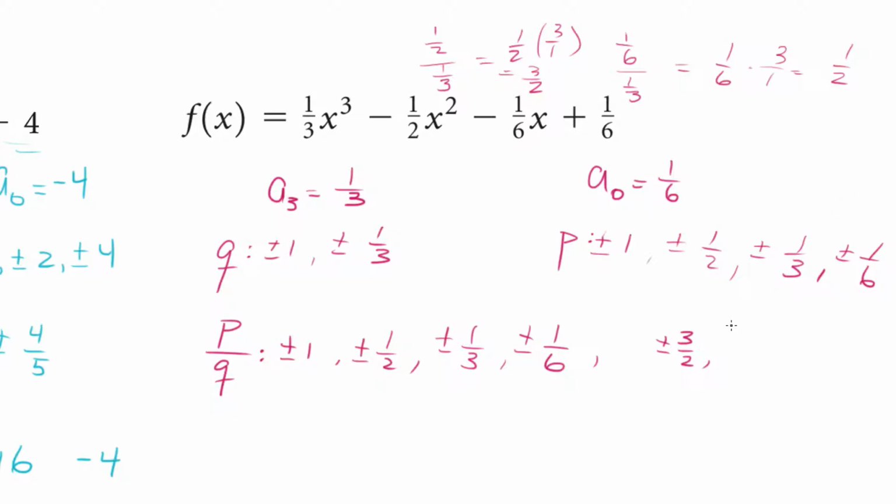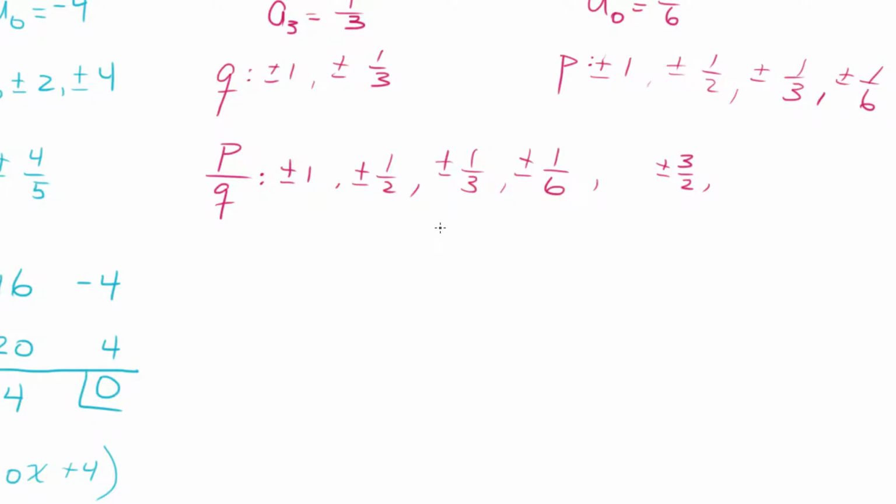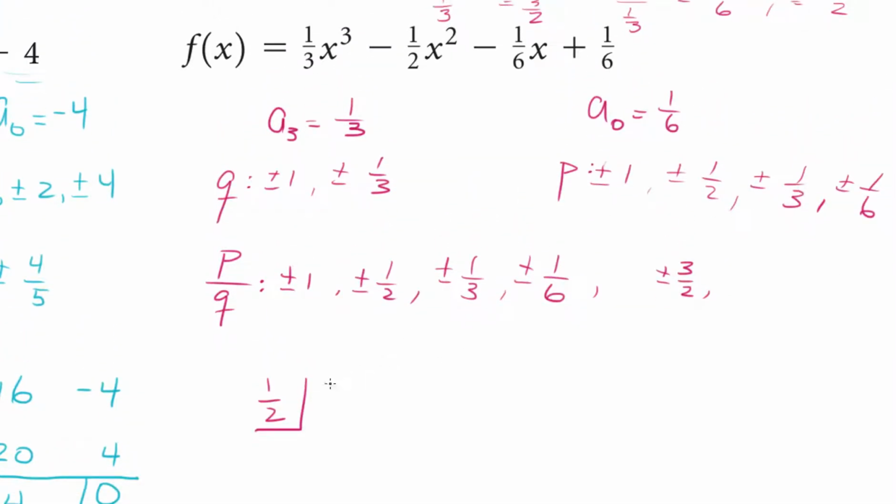Let's continue. So again, these are the fractions. Now, since I already know the answer, I'm going to check 1/2. So 1/2 inside the box, okay? And then the coefficients.